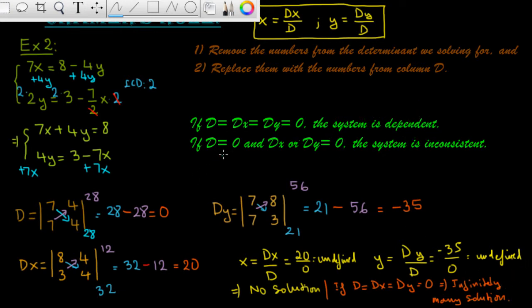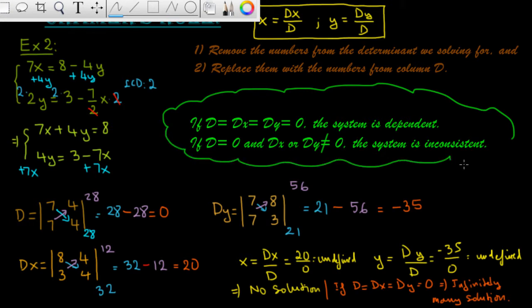And if D equal to 0 and Dx or Dy not equal to 0, the system is inconsistent, or no solution for this case. Inconsistent for the system means the two lines won't cross each other. So make sure you write this one down and highlight it somewhere.